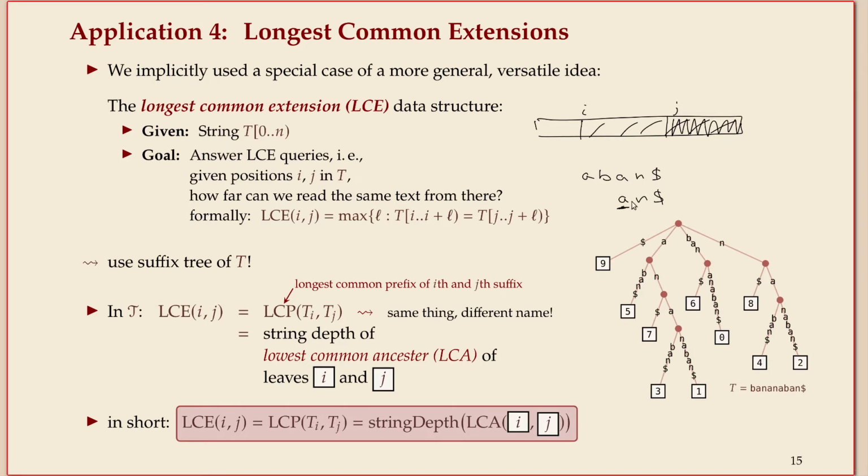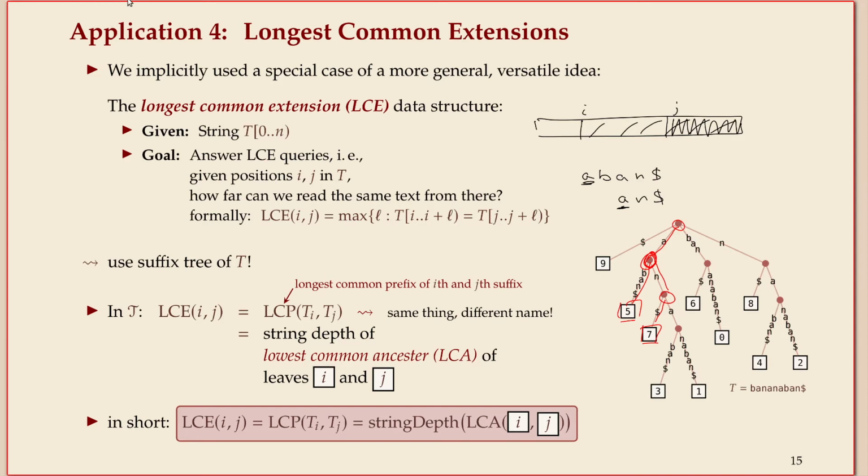And we found that this was just the a, and the reason is that we would walk a-ban to this leaf and a-an to this leaf, and the lowest common ancestor of these two leaves is this node. That's the last node they have in common when we walk the root to leaf path.